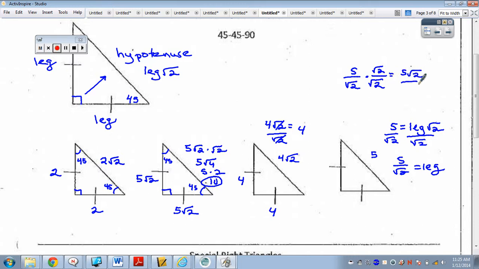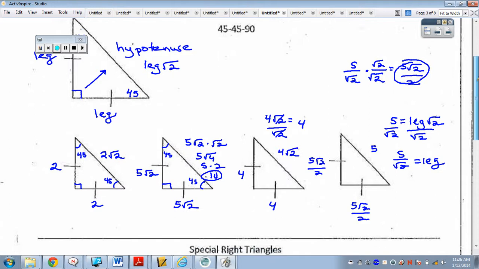And in the denominator, you'll get root 2 times root 2, which is root 4, but the square root of 4 is 2. So that's how the square root goes away. You're left with 5 root 2 over 2. That is going to be the length of each of your legs. Those are 45-45-90 triangles.